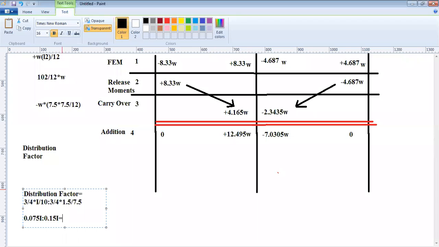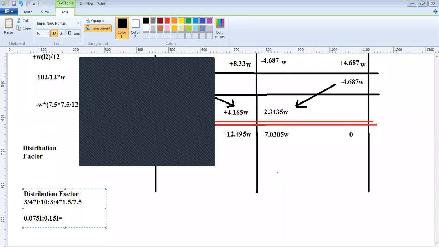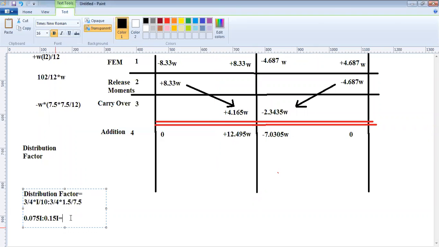So for the total distribution, if I do 0.075 divided by 0.15, it will give me 0.5. That means the distribution is 1:2.